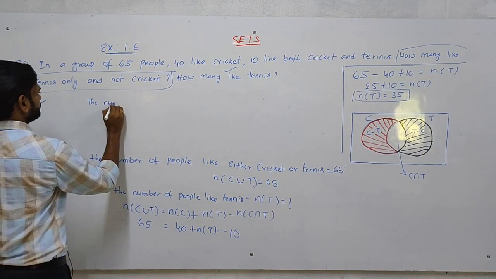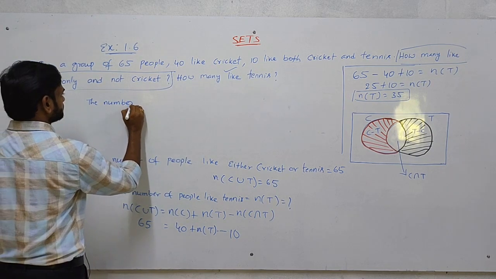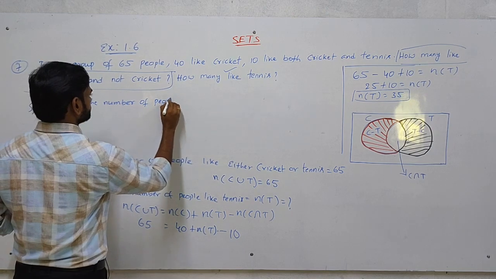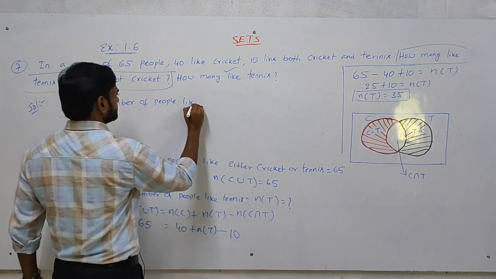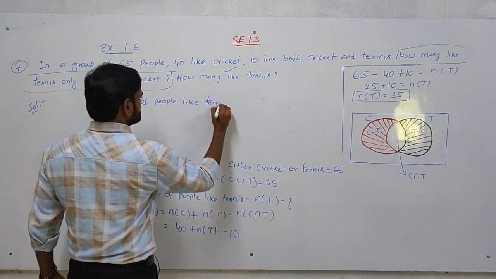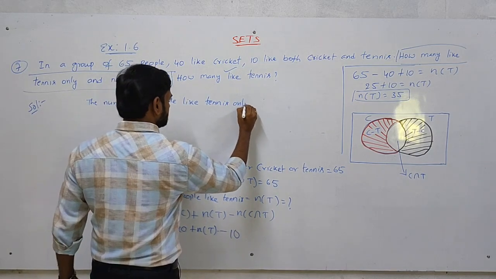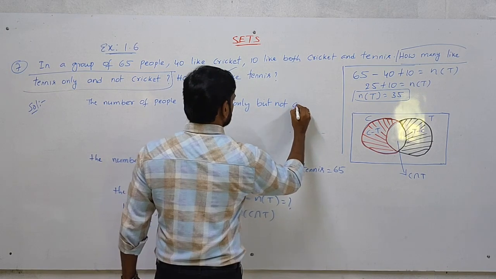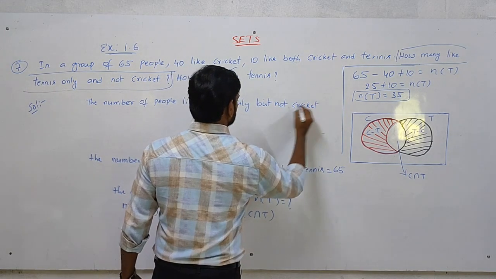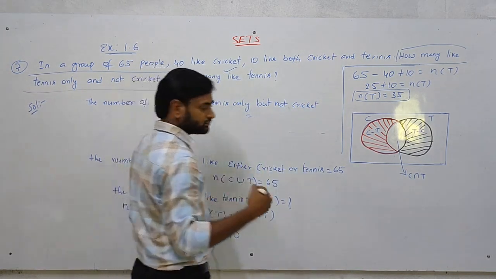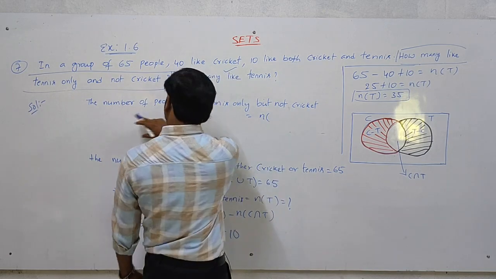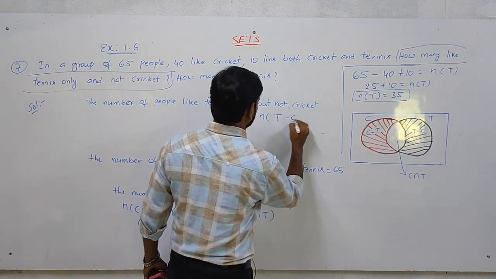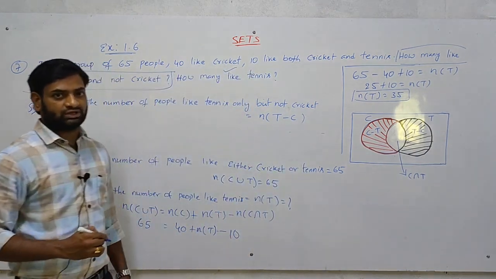The number of people who like tennis only but not cricket is equal to n of T minus C. It is n of T minus C.